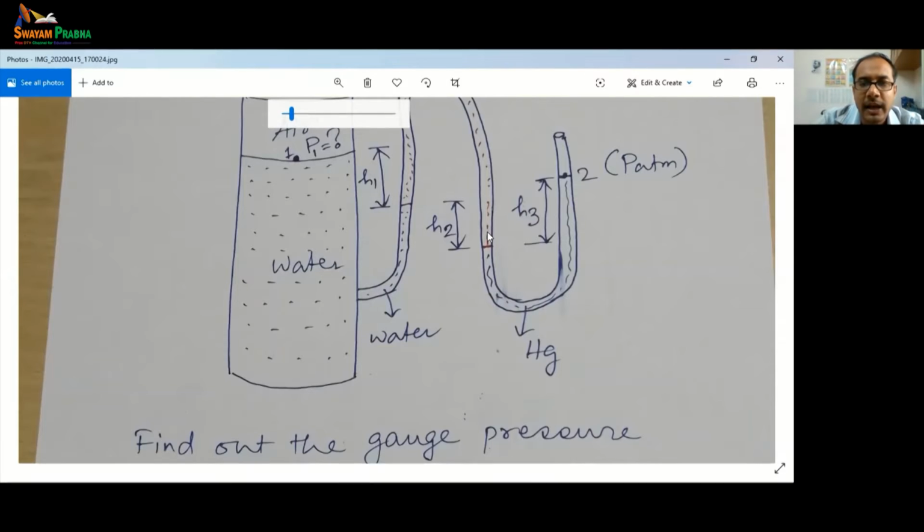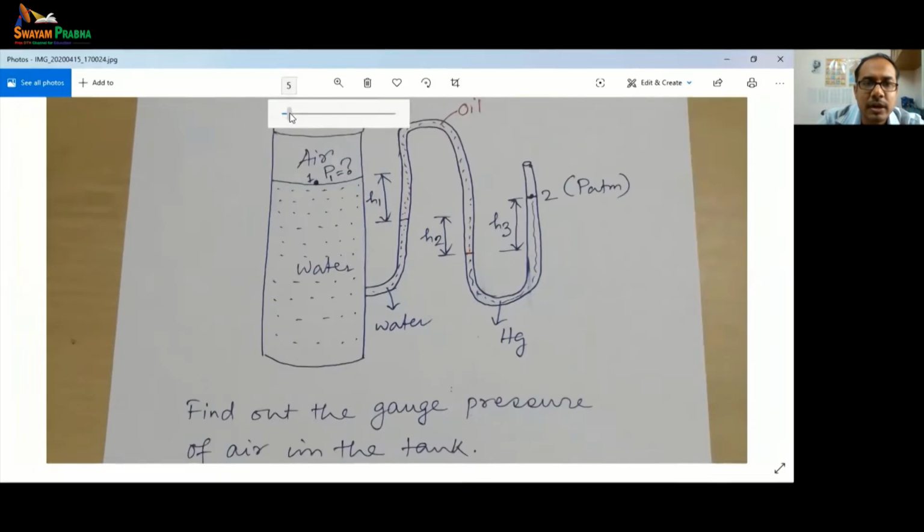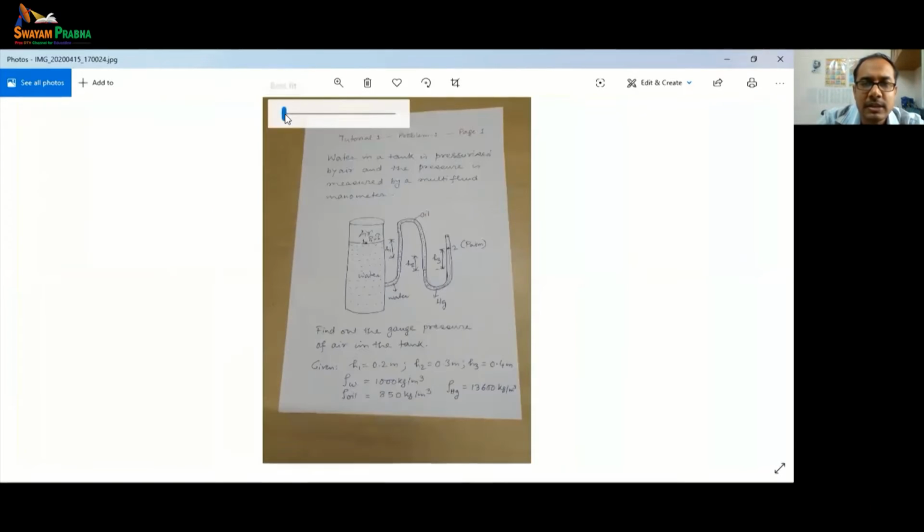When from here to here we go, the pressure will decrease because we are now going against gravity. The pressure will decrease by rho g h3, and this rho will be the rho of mercury. So these are the concepts we have introduced, and these are what we are going to apply for solving this problem.